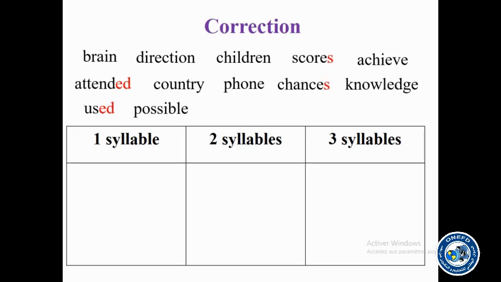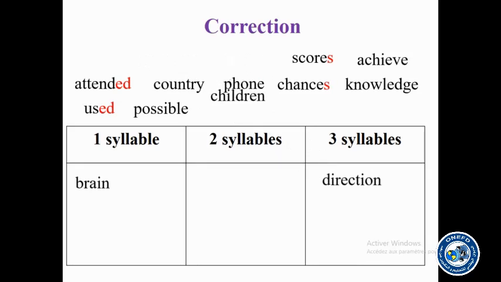Brain. How many syllables are there in brain? How many vowel sounds did you hear? Very good. One syllable. Direction. Three syllables. Children. Two syllables.